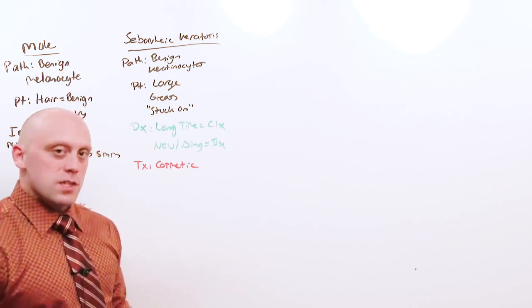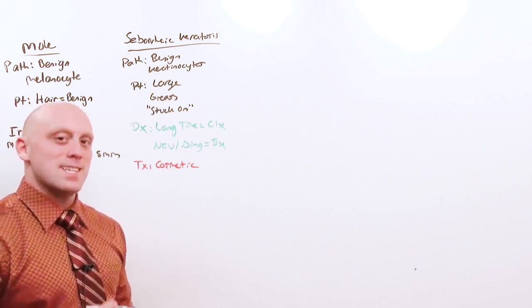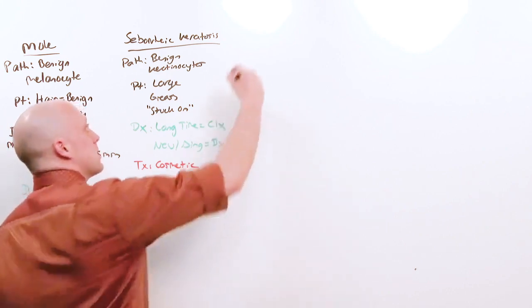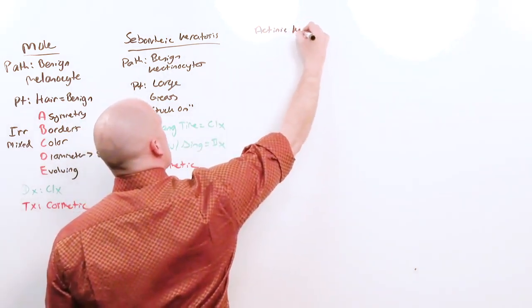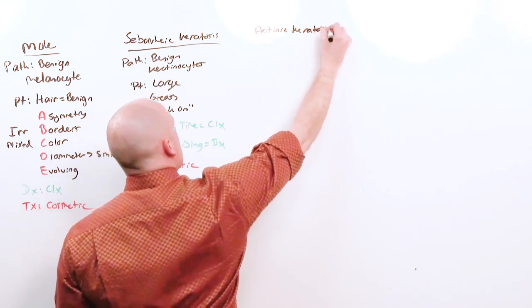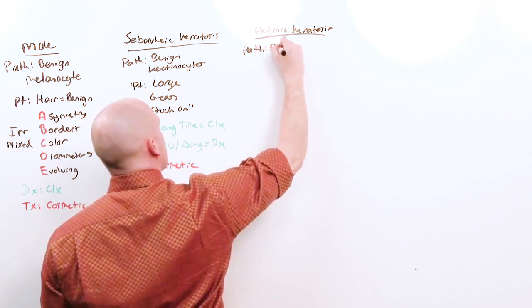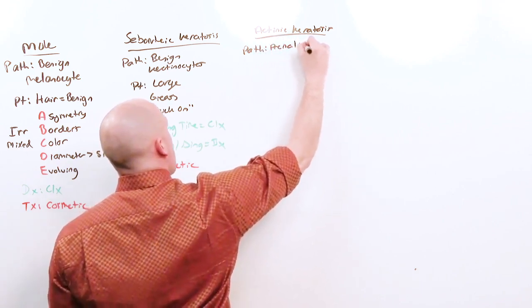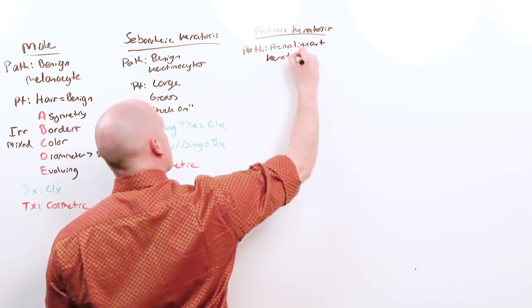The disease that is keratinocyte related, that is not benign, is actinic keratosis. Actinic keratosis is a premalignant lesion of keratinocytes.